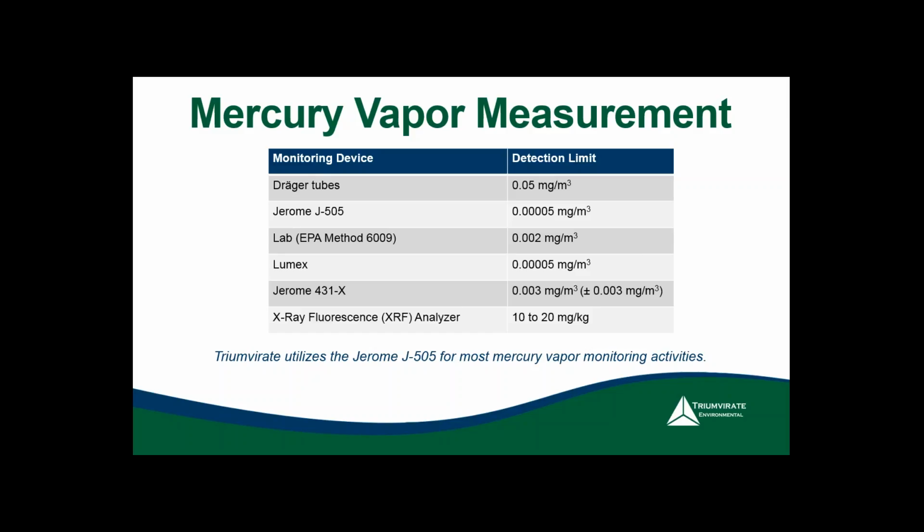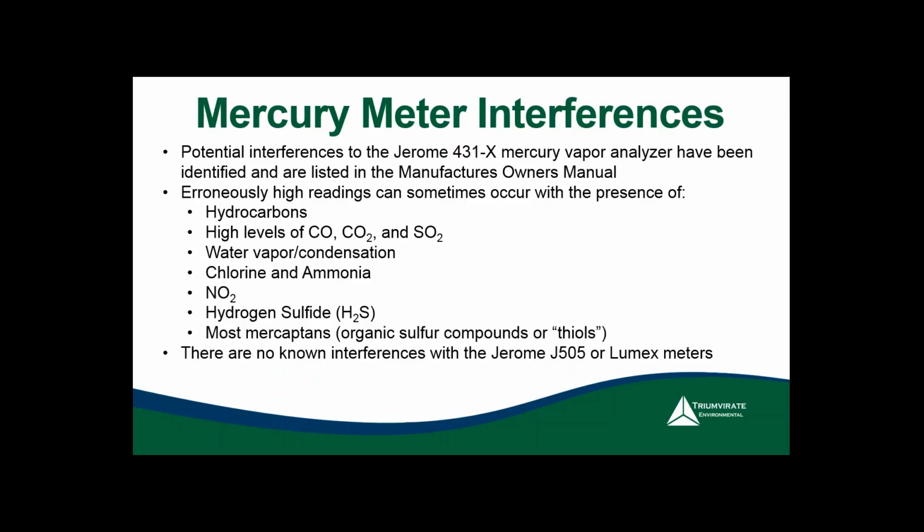Now Triumvirate utilizes the Jerome J505 for most mercury vapor monitoring activities, and that is due to the low detection limit, and also because some other meters actually have known interferences. There are potential interferences to the Jerome 431X mercury vapor analyzer that have been identified and listed in the manufacturer's owner's manual.